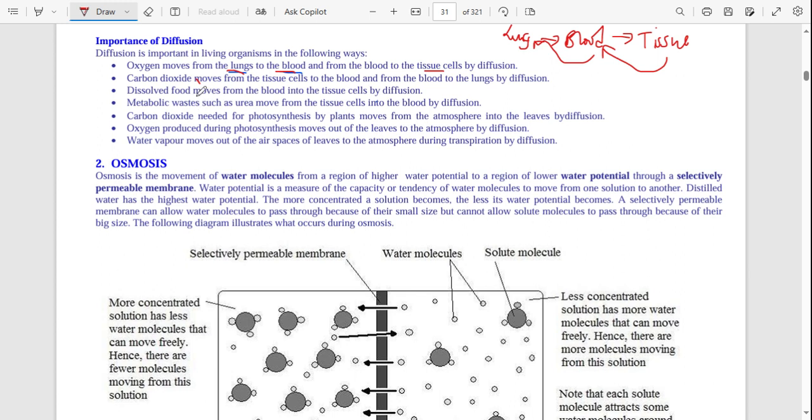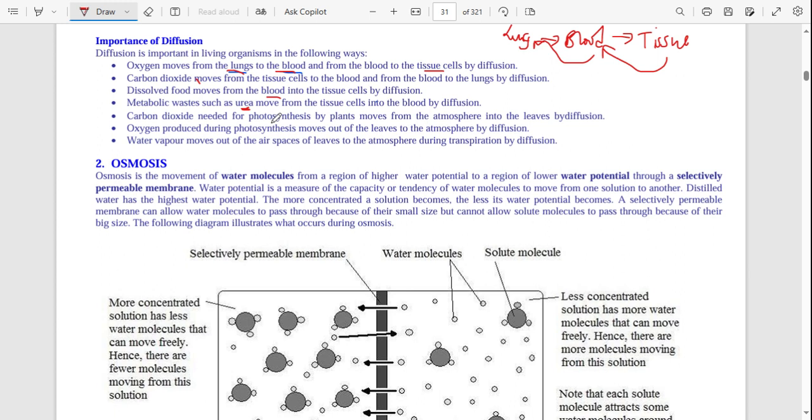Dissolved food, when you eat, the food dissolves in blood and moves by diffusion from the blood into tissue so that it can be used. And then also some metabolic waste. The body makes waste products like urea, and these will move from the tissue into the blood by diffusion.